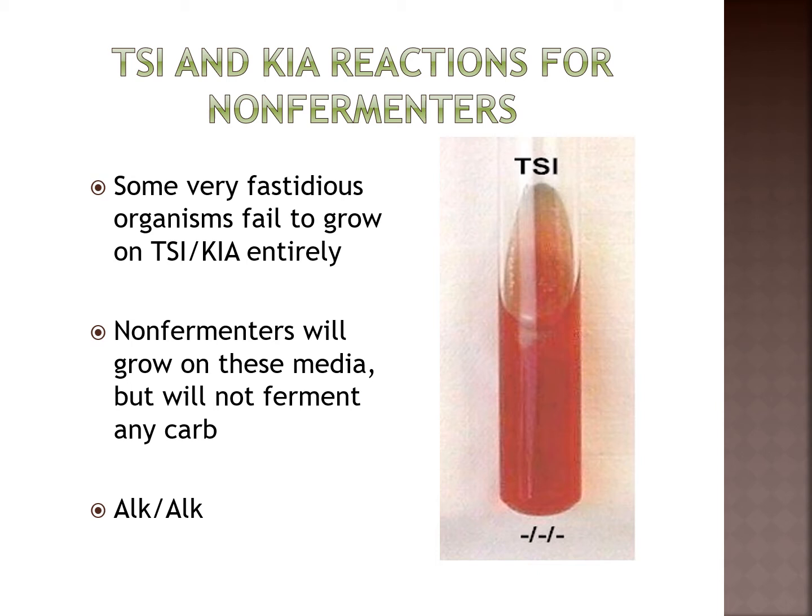KIA is Kligler iron agar, and it's very similar to TSI, except TSI has 3 sugars, lactose, sucrose, and glucose, whereas Kligler iron agar only has 2, lactose and glucose. Now, some very fastidious organisms fail to grow on TSI entirely. They won't grow there. Nonfermenters, on the other hand, will grow on TSI, but because they are asaccharolytic or oxidizers and not fermenters, the slant will remain alkaline over alkaline.